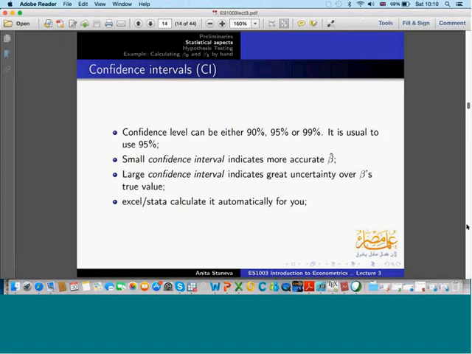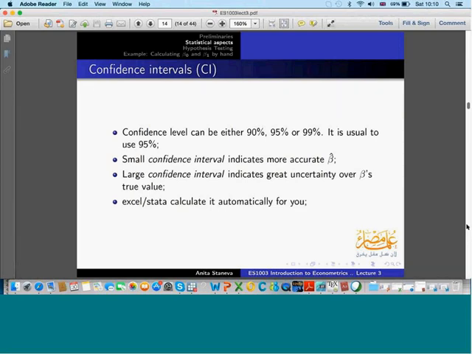The confidence level can be either 90%, 95%, or 99%, and we usually use the 95% confidence interval. If the confidence interval is small, it indicates a more accurate estimate, and conversely, a large confidence interval indicates great uncertainty over beta's true value.